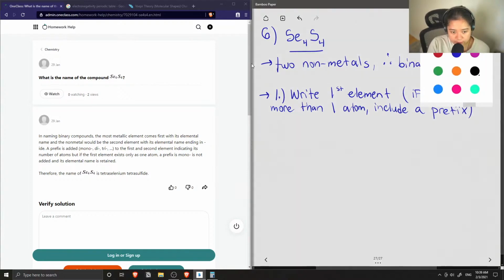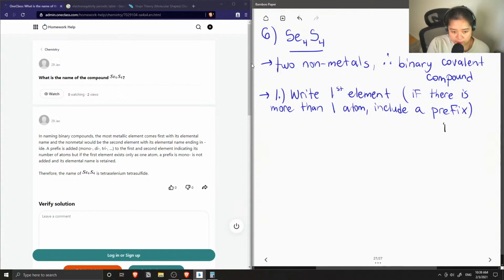Okay, so I can summarize all the different prefixes just over here on the right. When we have one atom, we use the prefix of mono.